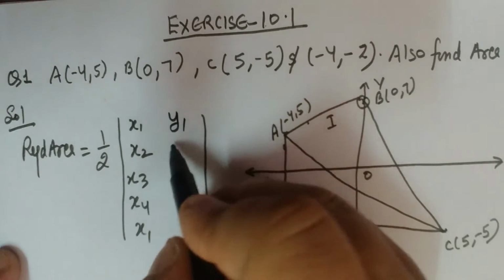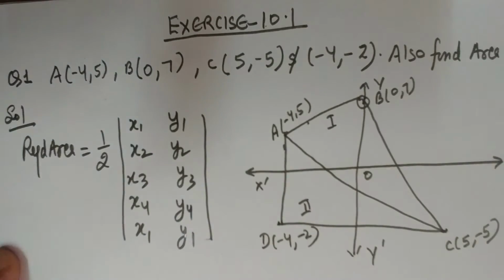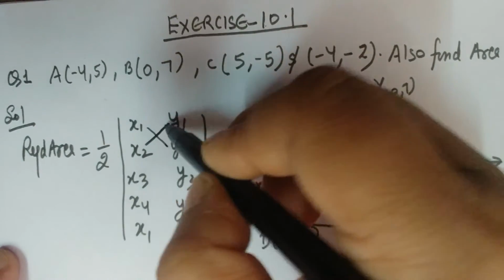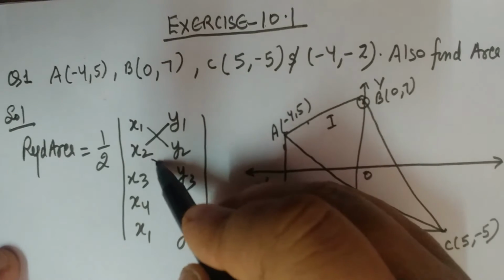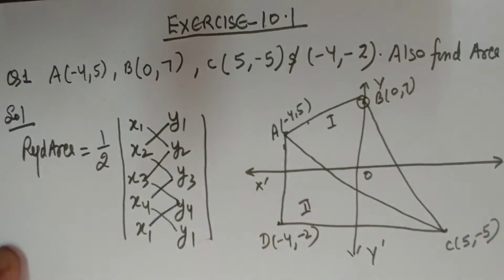And similarly y1, y2, y3, y4 and then y1 again, right? And then as we have done cross multiplication method for solving this pair of linear equations in class 10th, that way we can also solve it. So in that way we will be solving it to get the values.